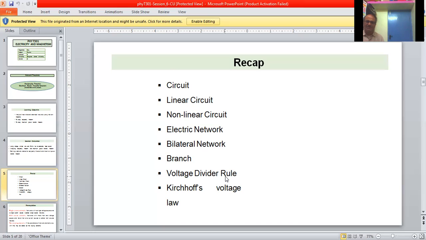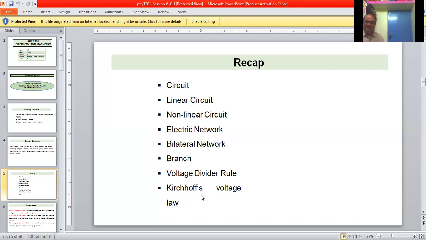The rule tells that the voltage is divided according to the value of the resistor, because the IR product decides the value of the divided voltage. The higher the value of the resistor, the higher the voltage divided in the network. That is called the voltage divider rule.